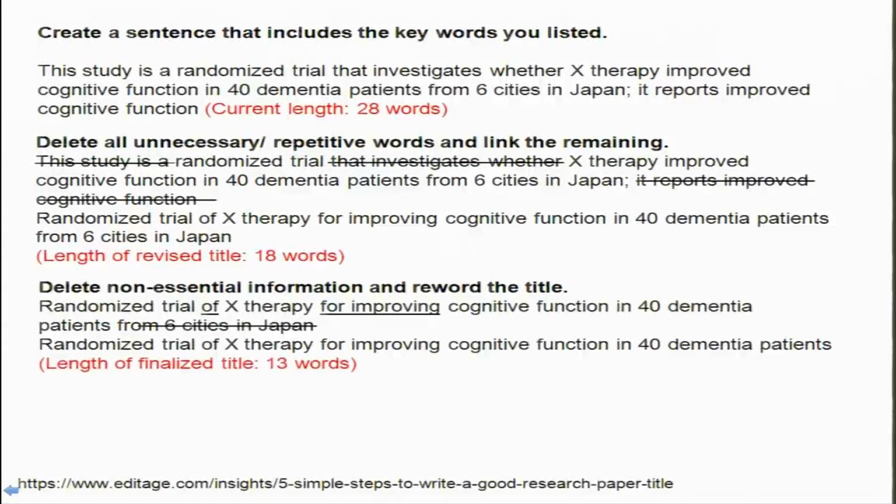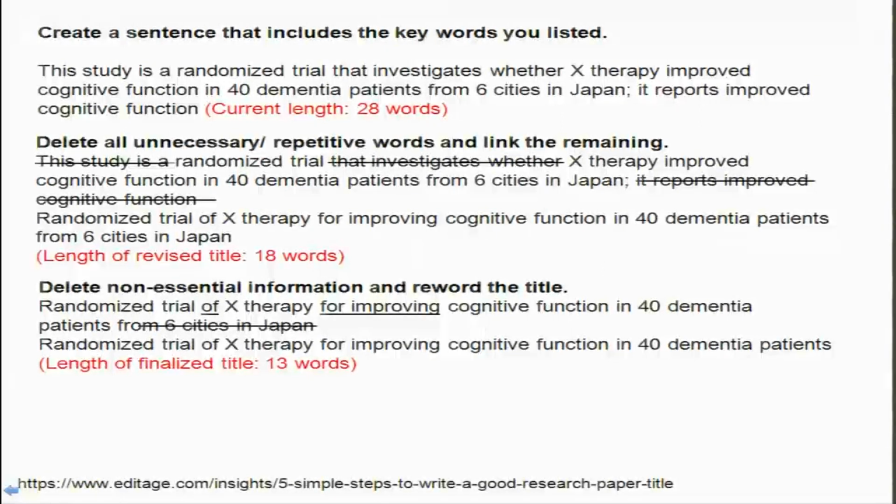Now still it can be worked, right? Now you can again delete non-essential information and reword the title. For example, randomized trial of X therapy for improving, that is very important, it should be there, cognitive function in 40 dementia patients.